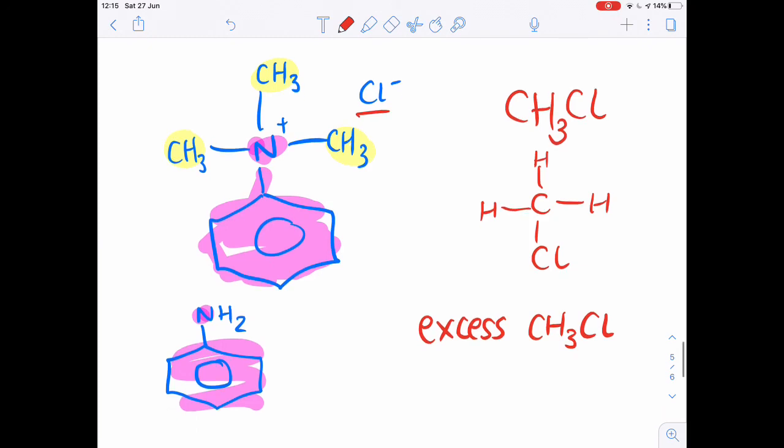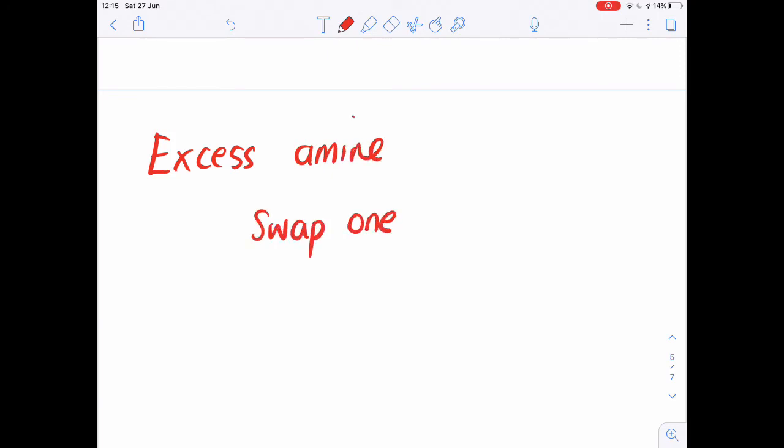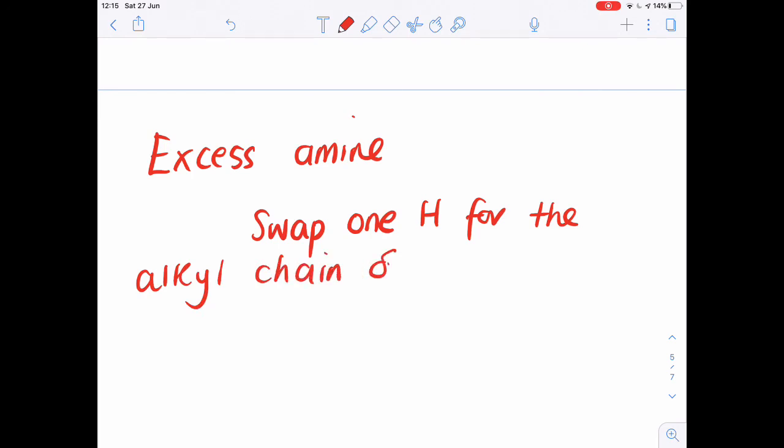So what do we need to know? What do we need to remember? Excess amine, swap 1 H for the alkyl chain of the halogenoalkane.